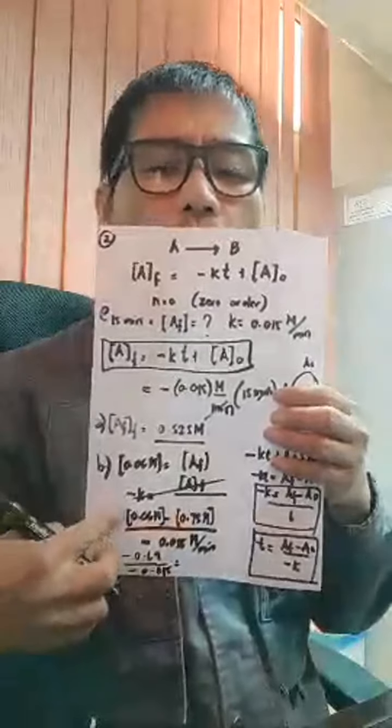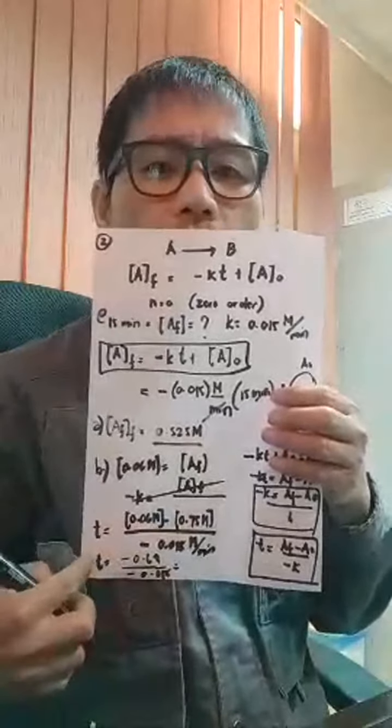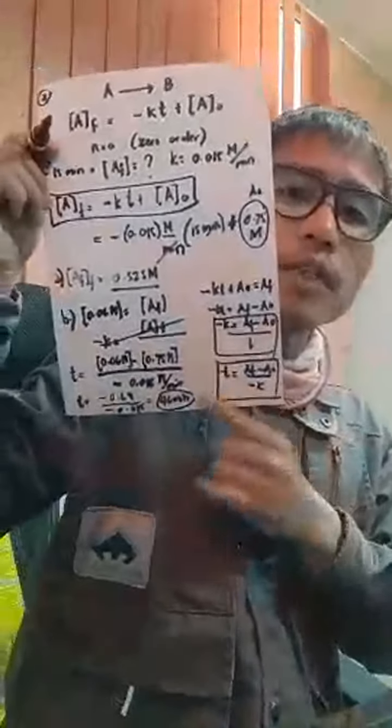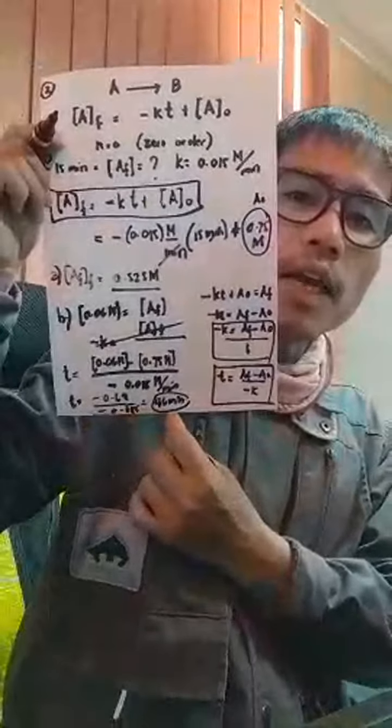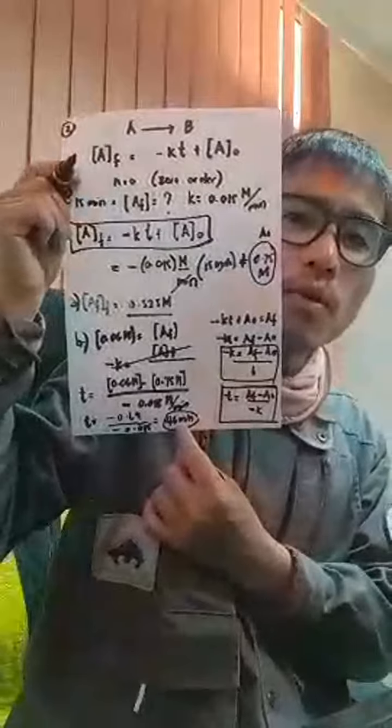The answer will be negative in the numerator and negative also in the denominator, and we can obtain a positive time. So 0.69 divided by 0.015, so 46 minutes. We have 46 minutes, the time it takes for the concentration to be reduced to 0.06 molar.